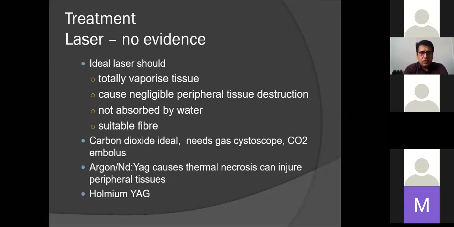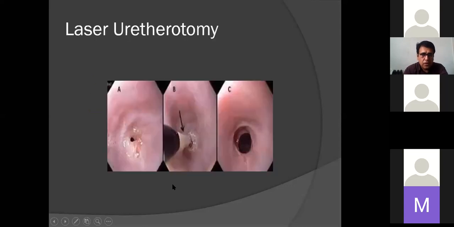For laser management, once you have done the urethrotomy with a cold knife, you can go for laser, and the commonest lasers used are carbon dioxide and the Holmium laser. With the laser, as you can see here, the narrow part is wide open. The laser vaporizes the stricture tissue from that area.